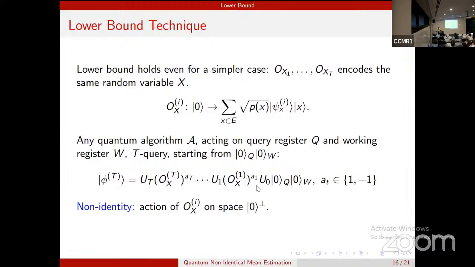Looking at the sequence, these OXI are unitaries, and we have only defined their action on the 0 quantum state, and on the whole complementary space, the action of OXI is not defined. So this is a non-identity we may utilize to construct a hard instance to prove the lower bound.